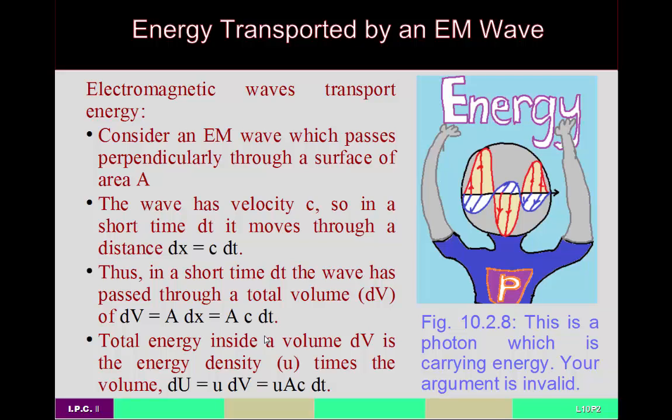Intensity is how much energy per unit area per unit time, or how much power per unit area. Recall that we defined that when discussing mechanical waves, so it's true for waves in general. So basically fluence, therefore, is the integral of intensity with respect to time. So the fluence would be dU over A. The energy is just dU.